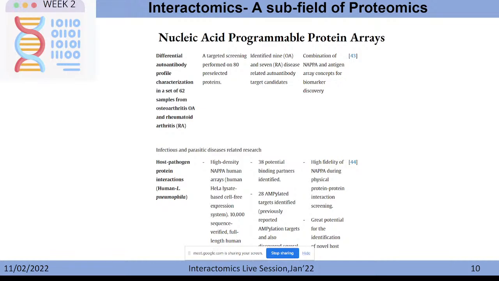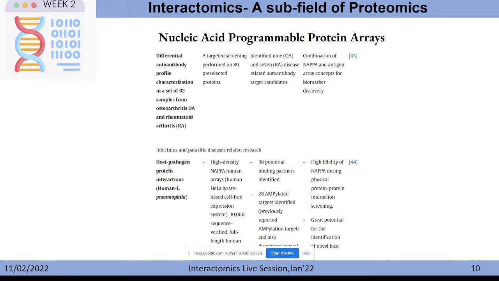If you want specific targets, or a viral proteome or bacterial proteome, then you can easily do that. These identified 9 and 7 RA disease-related autoantibody target candidates. Then they combined NAPPA as well as antigen array concepts for biomarker discovery.